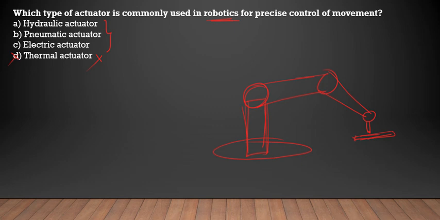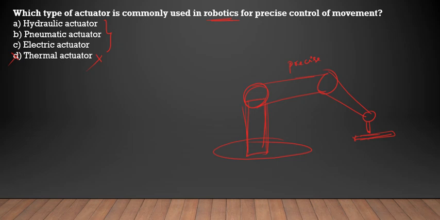So in these robots, the major and very important thing is preciseness. Preciseness means what? Precision means accuracy. Precision means the correctness and the exact movement or the action required.